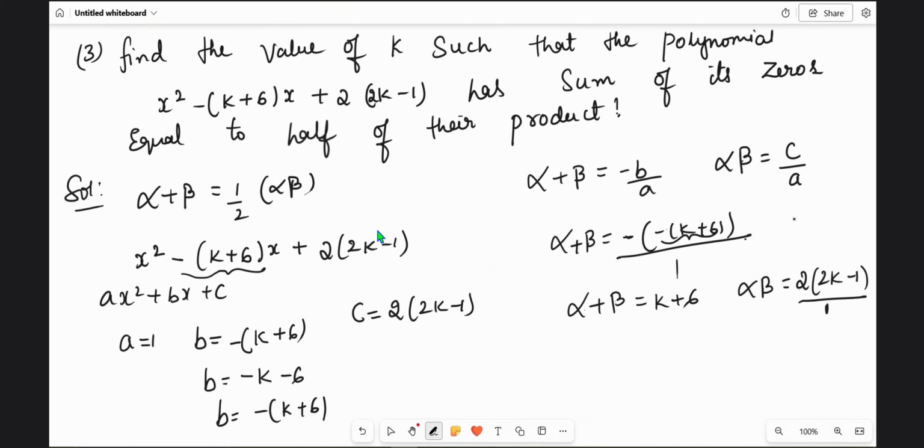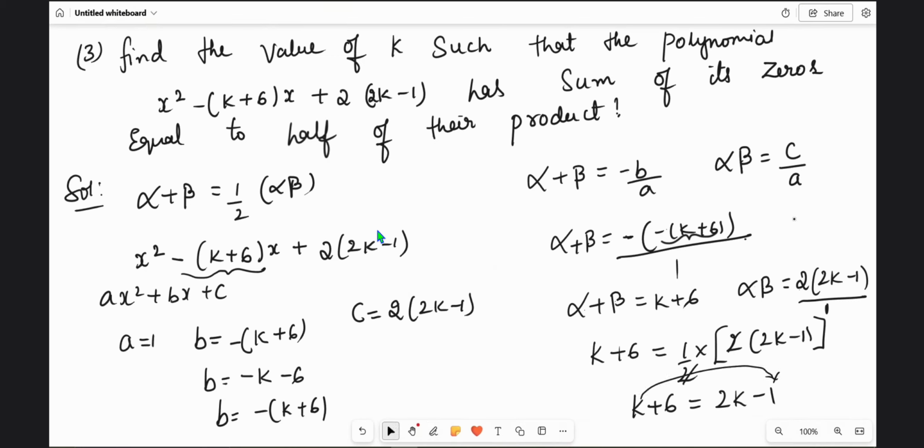Now what is the condition they have given? Alpha plus beta is 1 by 2 of alpha into beta. So I will write k plus 6 is equal to 1 by 2 of 2 into (2k minus 1). 2 and 2 I can cancel. k plus 6 is equal to 2k minus 1. Okay. Now k I will transpose to the other side. So here plus k will become minus k. 6 is equal to 2k minus k minus 1.